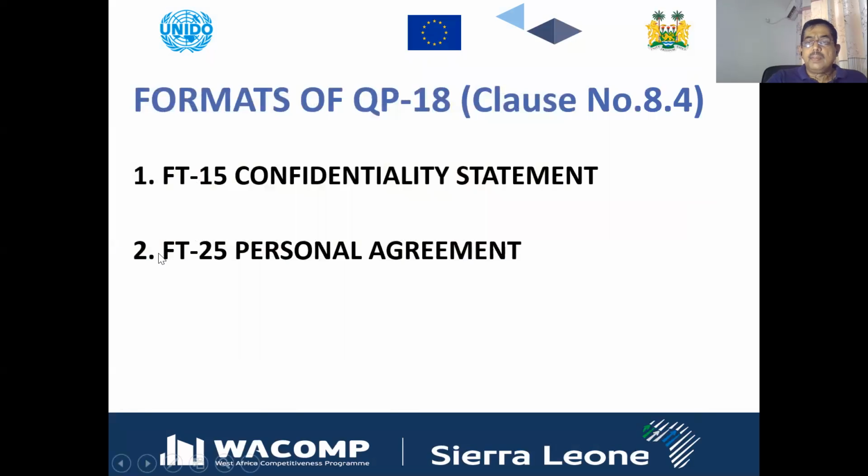Sometimes you have temporary auditors from outside. Even then they have to sign these agreements before they will go for audit. So please read these formats and then you have to fill these formats.